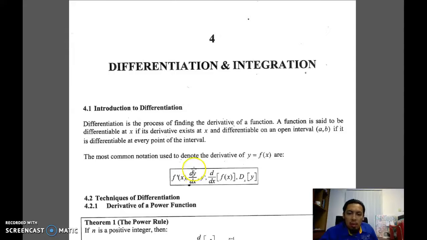It has its purpose. Dy over dx portrays the process of differentiation, or the process of finding a derivative.